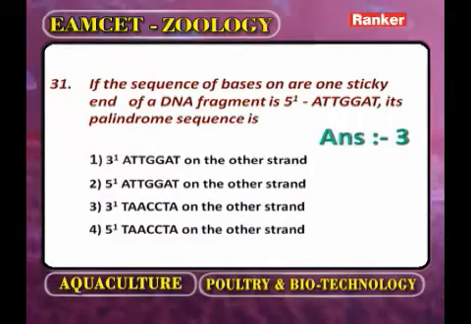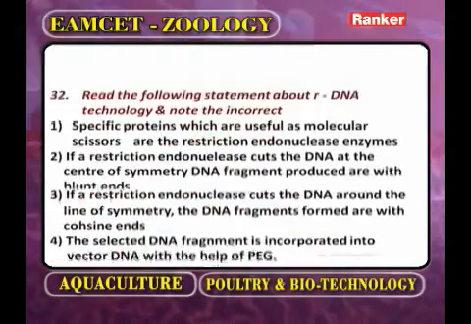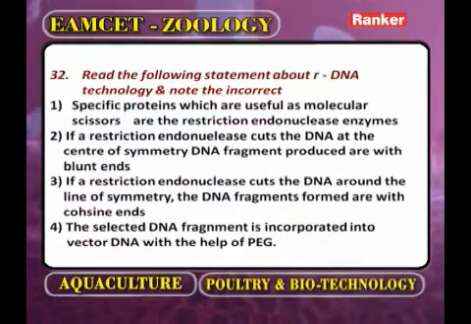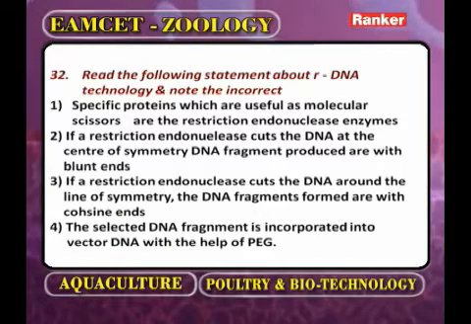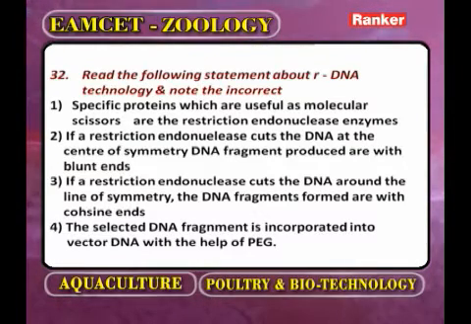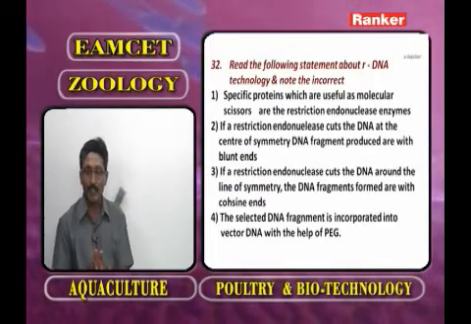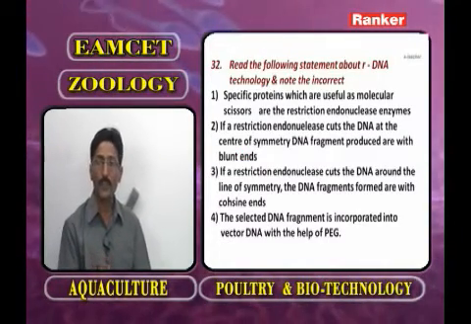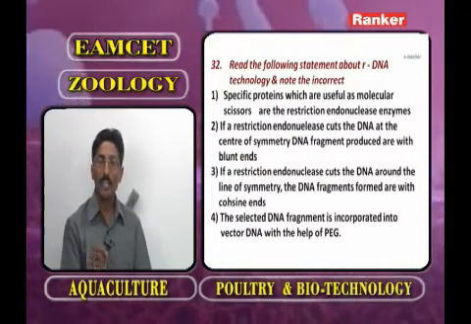Now the next one. Read the following statements about recombinant DNA technology and check the incorrect. We are asking the incorrect statement. Now the first one: specific proteins which are useful as molecular scissors.